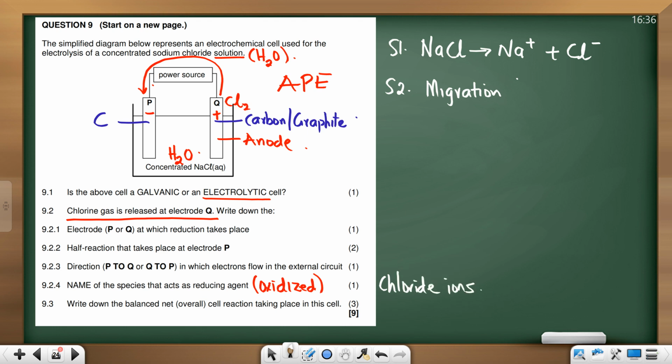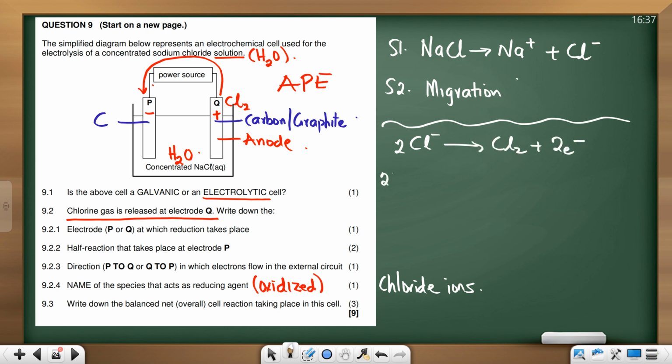So everything starts from your half reaction. Write down the balanced cell reaction that takes place. I'm sure we can do that now, guys. Balanced cell. It was Cl2 to give us what? No. It was 2Cl minus, what we wrote down earlier on. So you need to write this down.